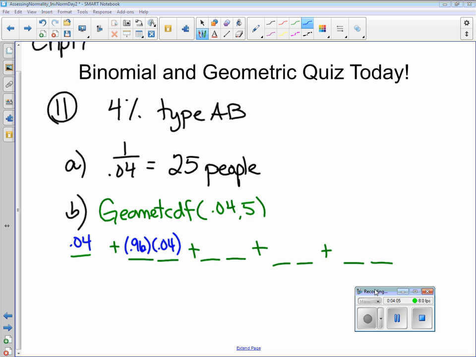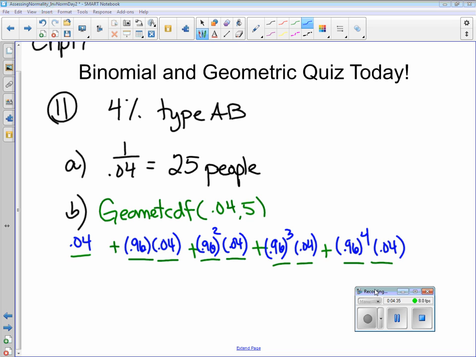You with me so far? It could be the third person, which means it's not the first 2, but it's the third. Understanding what I'm doing here? And we could continue the same pattern. It's not the first 3, but it's the fourth. It's not the first 4, but it's the 5th. We could have done that. We should have gotten the same answer either way. All right? Any questions about that? I happen to think the calculator is a little easier.